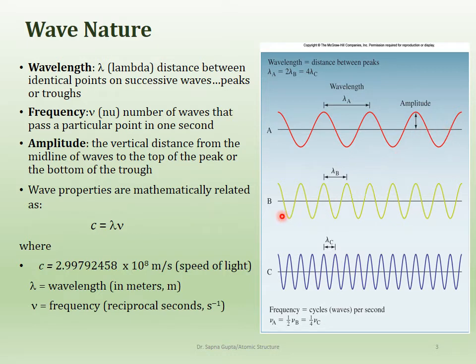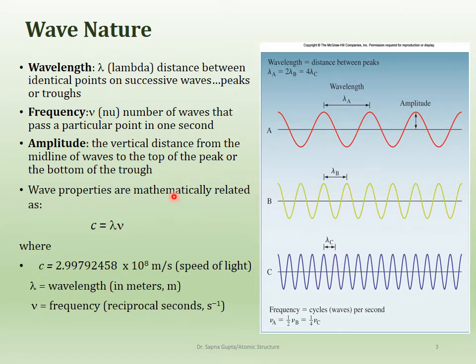As we go to B, the wavelength is getting smaller, so there is a higher frequency. By the time you come to C, the wavelength is so small that the frequency is very high, which means that the relationship between wavelength and frequency is inverse. You increase one and you decrease the other. As I showed you on the previous slide, where the wavelength was increasing and the frequency was decreasing, this is the reason why that happens.